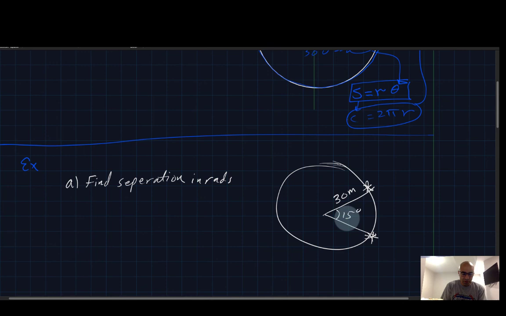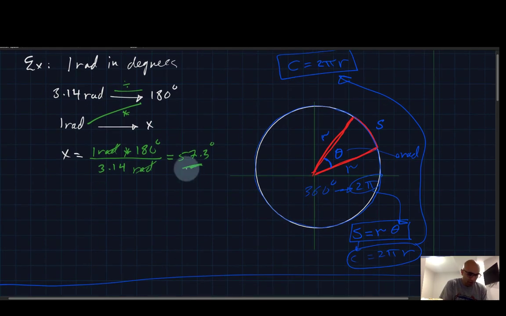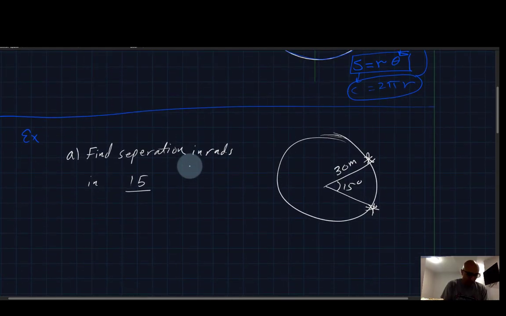So that's 15 degrees. What do you have to do quickly? To get that in rad, you just divide 15 by what we got up there, 57.3, because this is degrees per rad, and this is degrees.